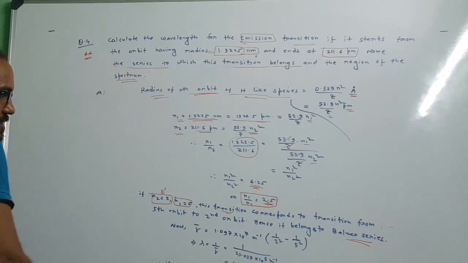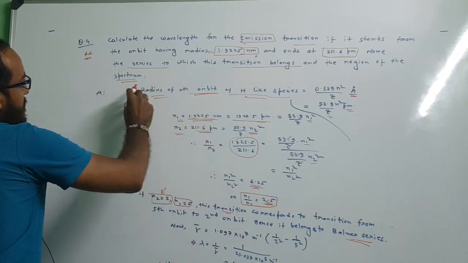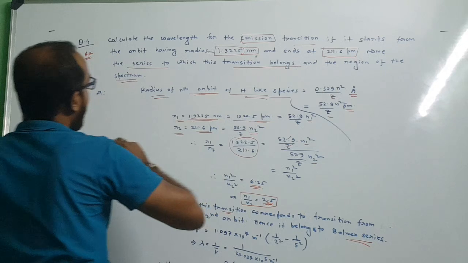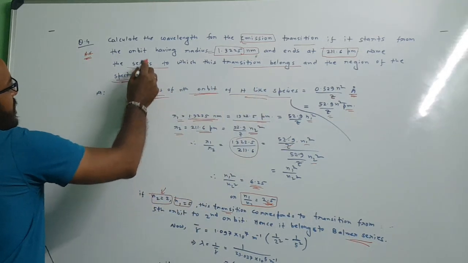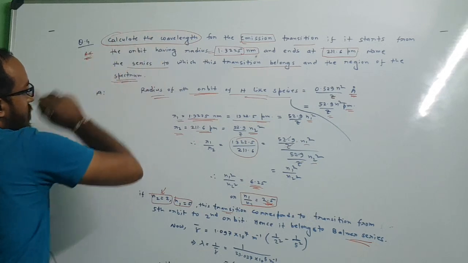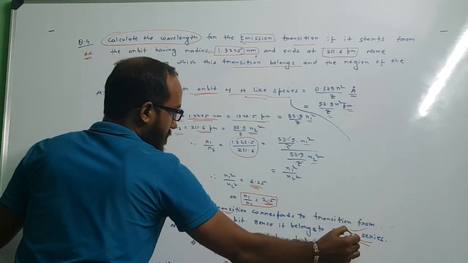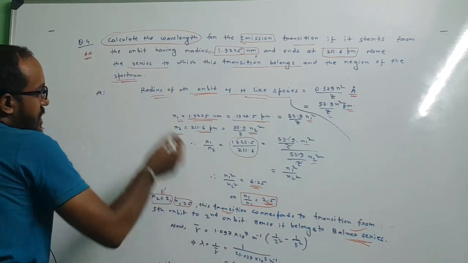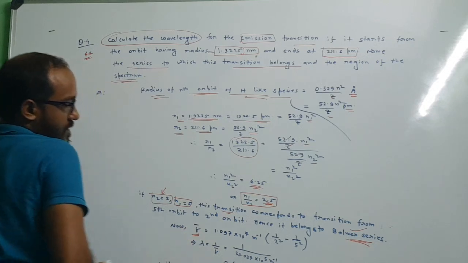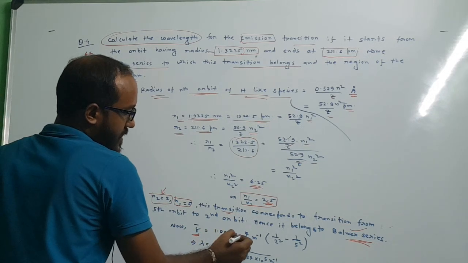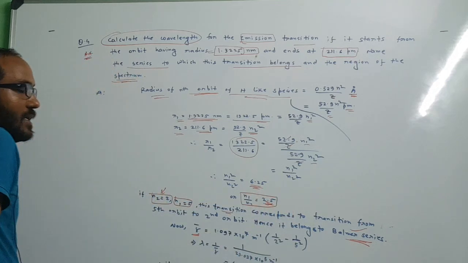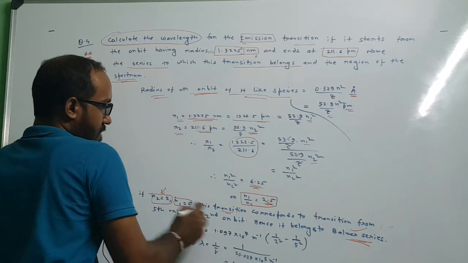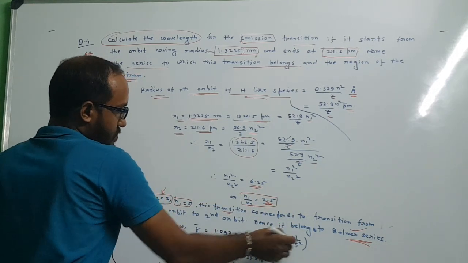Now the question asks to calculate the wavelength, name the series to which the transition belongs, and the region of the spectrum. We have got the Balmer series and the visible region. Now for the wavelength, we know the wave number is 1.097 into 10 to the power 7 per meter into 1 by n2 square minus 1 by n1 square.